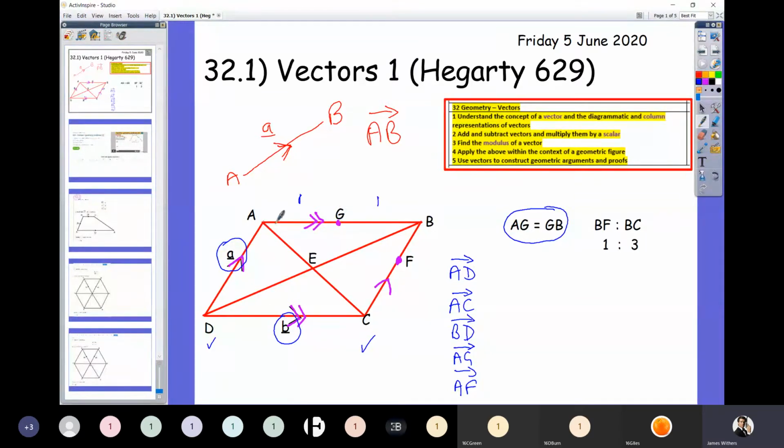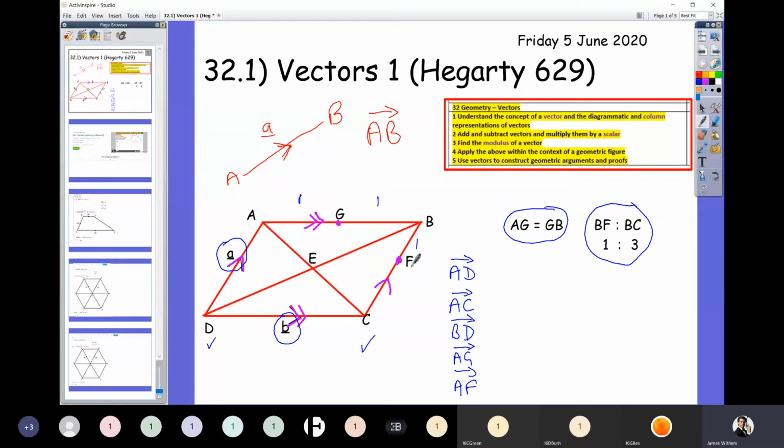Now, they're also telling us over here that the ratio of B to F to the whole length, B to C, is 1 to 3. So if we make B to F, that shorter length, 1, as we're going all the way from B to C is 3, the bit from F to C must be 2.